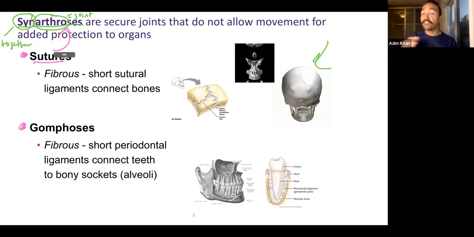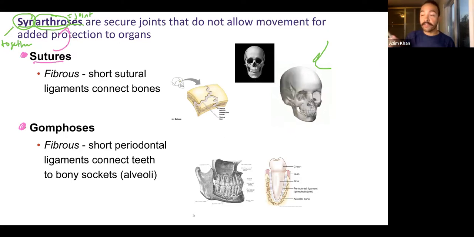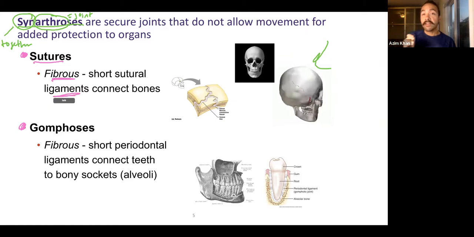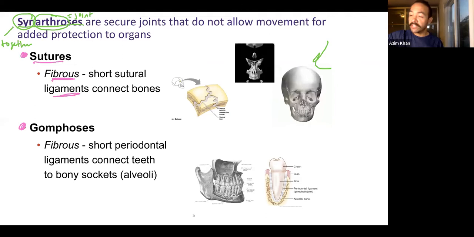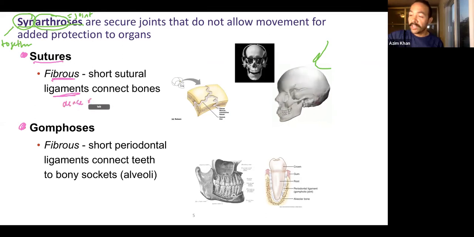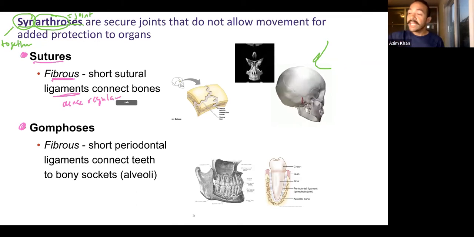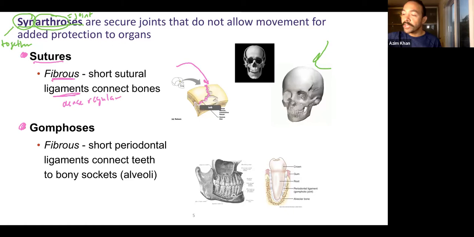A suture does not move much, but the word suture is referring to what it's made of. A suture is made of ligaments, short sutural ligaments. And if you recall what ligaments are made of, remember ligaments are made of dense, regular connective tissue. Tiny, tiny ligaments connect your bones and hold them tightly together.